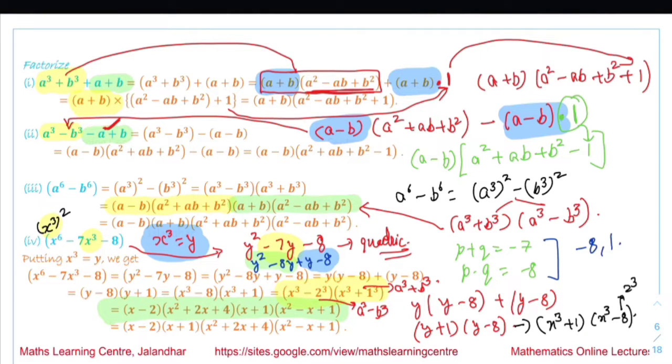For the first term, it is a cube minus b cube, so it is x minus 2, that is a minus b into a square plus ab plus b square. And similarly the second term is a plus b into a square minus ab plus b square, and you will get these answers.